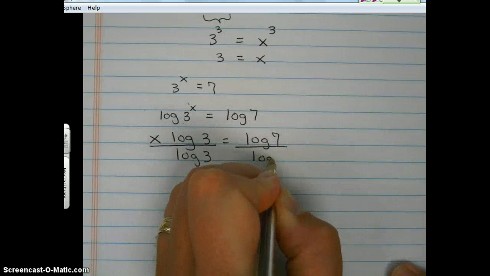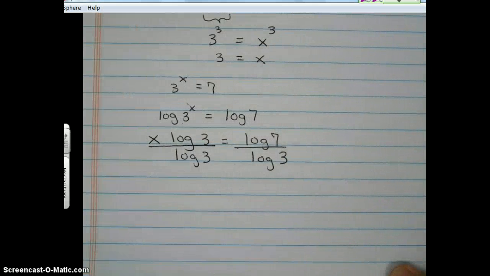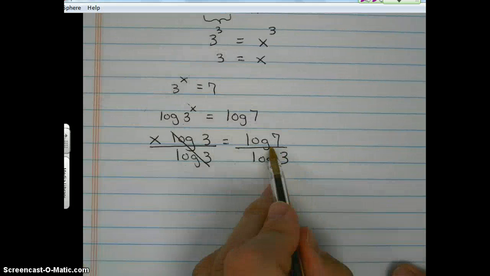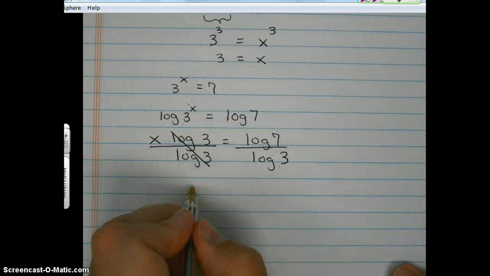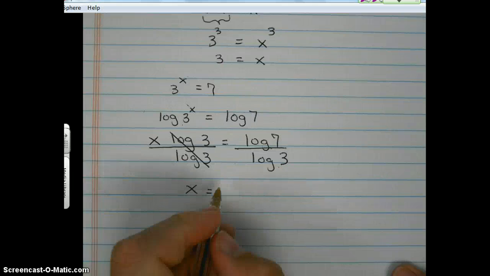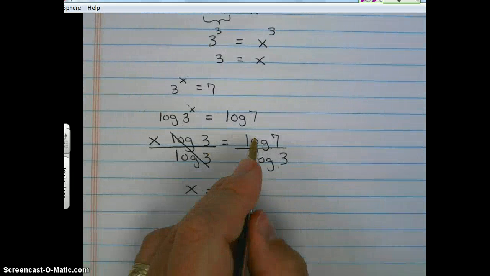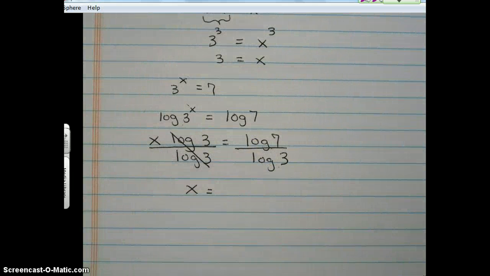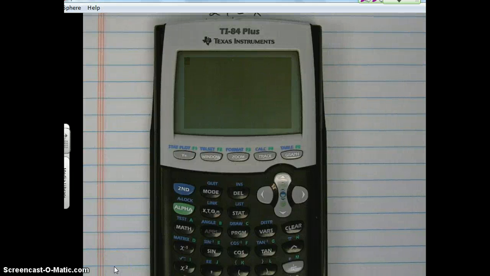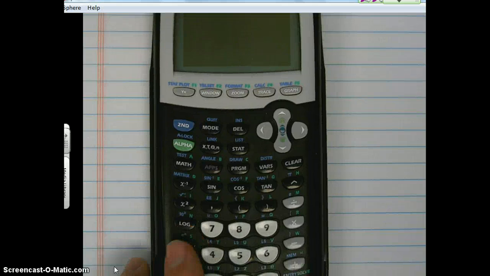Yes, you would need a calculator to do this problem. Thankfully, we're at base 10, and you can just plug it in your calculator. So log of 7 divided by the log of 3. I don't know how well you can see this, but there's a log button right here, next to 7.